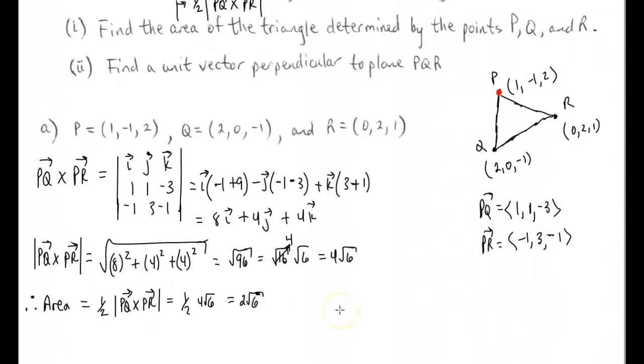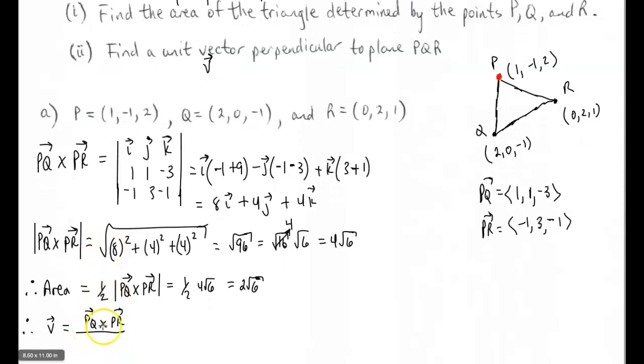And the other thing that we want to find out is what is going to be the unit vector that's perpendicular to this plane that has this triangle in it. So I'll just call this V. So we'll say this unit vector V here is just going to be the cross product divided by the magnitude of the cross product.